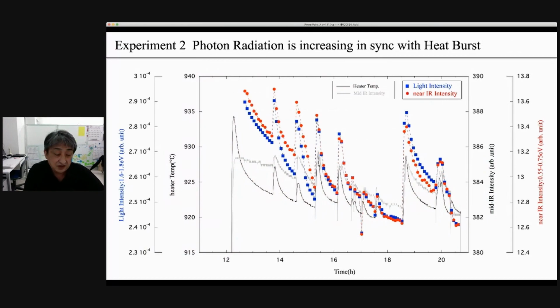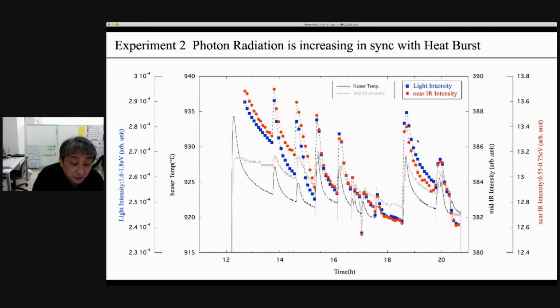Next, the results for visible light and near-infrared light are added to the previous result and displayed. Visible light intensity, the blue squares, is an integral of light from 1.6 to 1.8 electron volts.